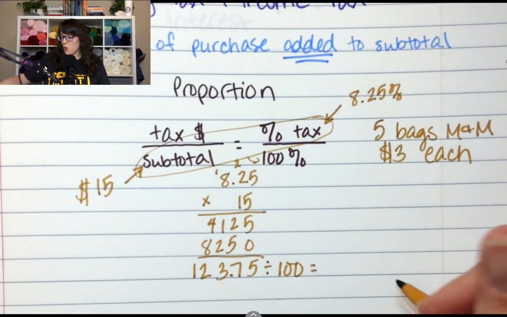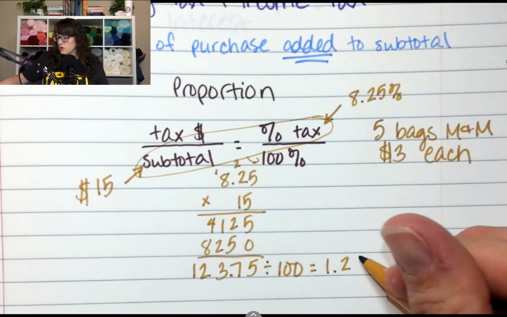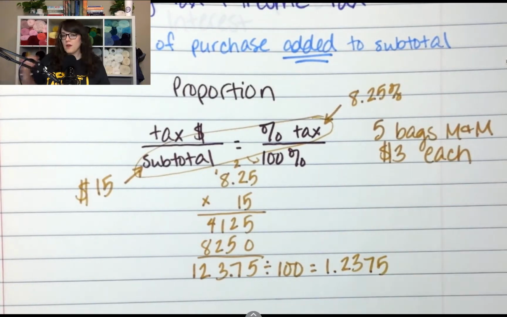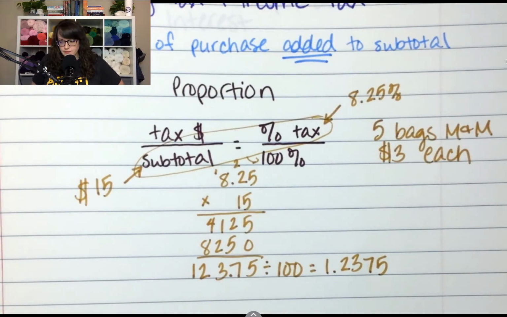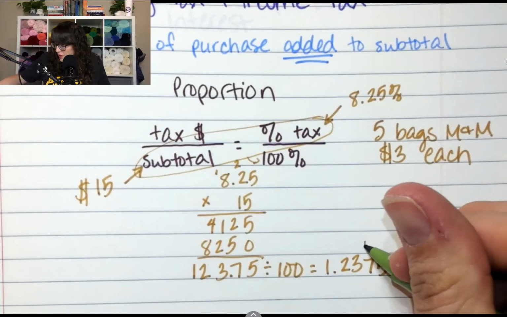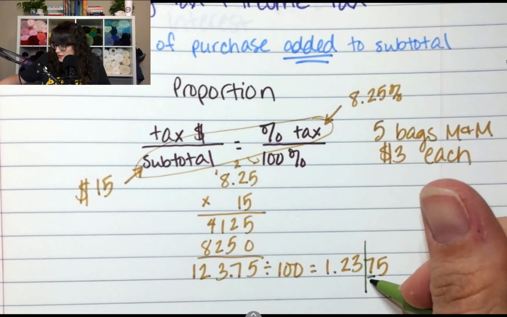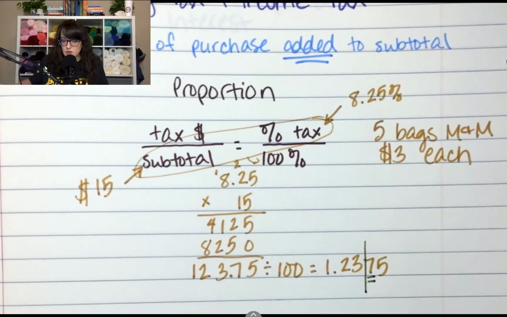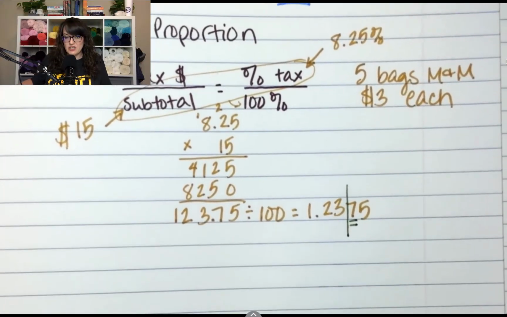It's 1.2375. But I'm dealing with money. How many decimal places does money have? Two decimal places. So I'm going to look at the third spot to tell me what I need to do to the second digit.